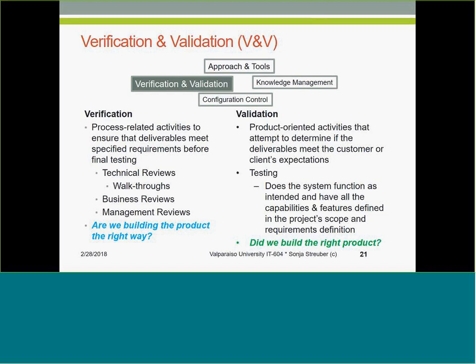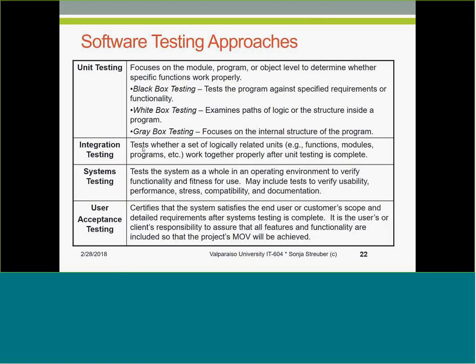So, of course, we are also looking at verification. Verification is conducting business reviews and management reviews to make sure that we build the product the right way. How do we combine these two? V&V, or verification and validation, are always part of any kind of testing cycle and really throughout the entire project.